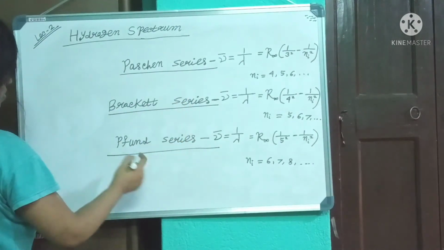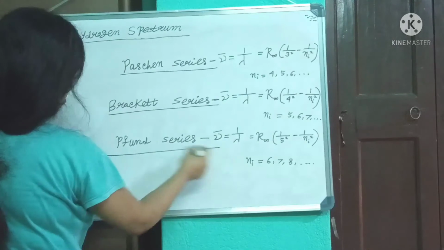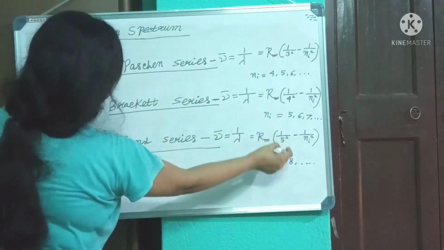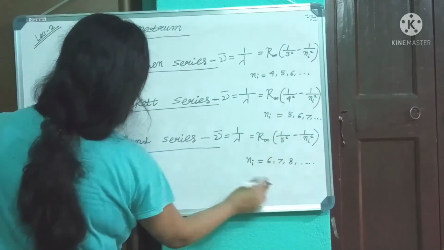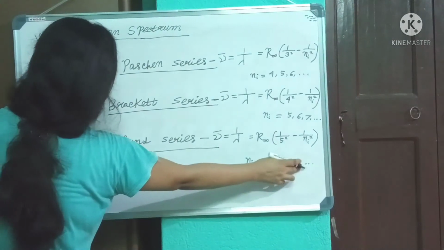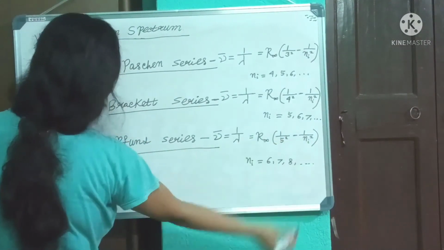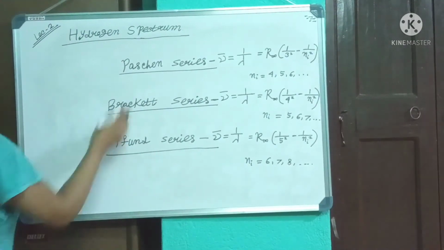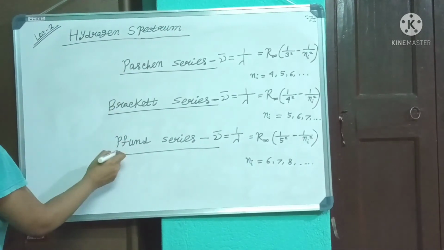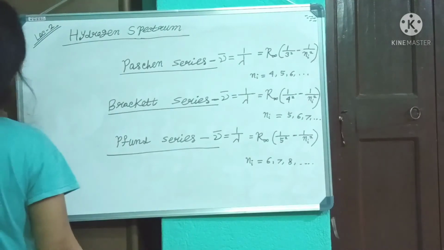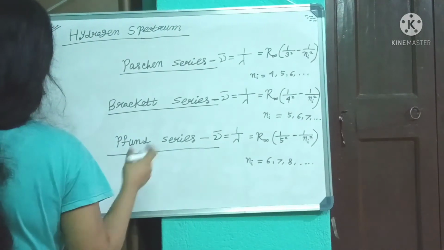Similarly, for nf equals 5 and ni taking values 6, 7, 8 and higher values, we get the Pfund series. So these are the different series which we get.